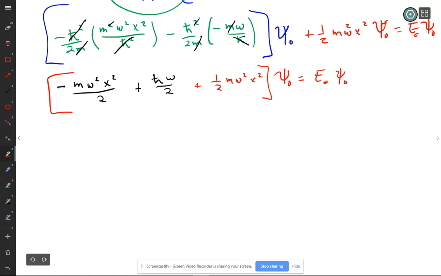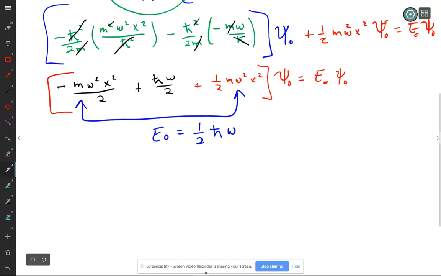So clearly the stuff in the bracket is E0. And notice these two add to 0. And so I get E0 is 1/2 h bar omega.